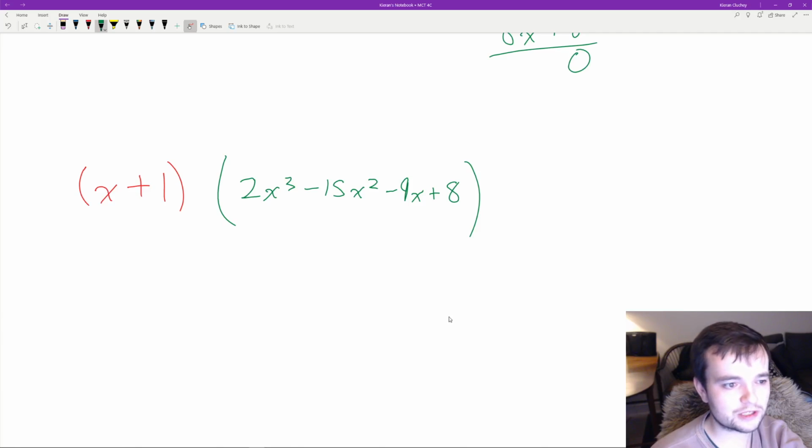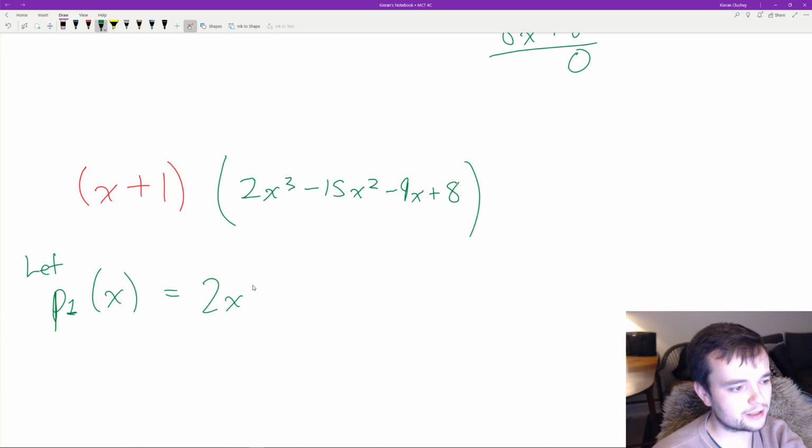And now we start the process all over again, but with this green polynomial here. So I'm going to write p with a little subscript 1, p1 of x. And I'm going to say let p1 of x equal 2x to the power of 3 minus 15x squared minus 9x plus 8, okay?